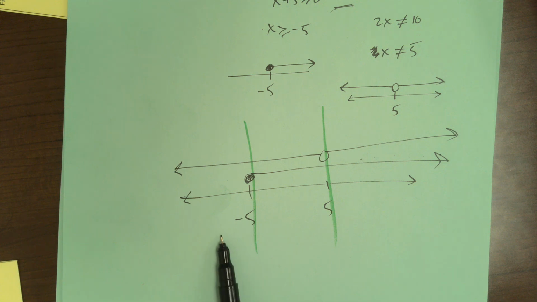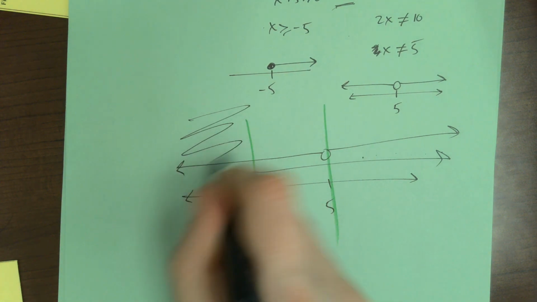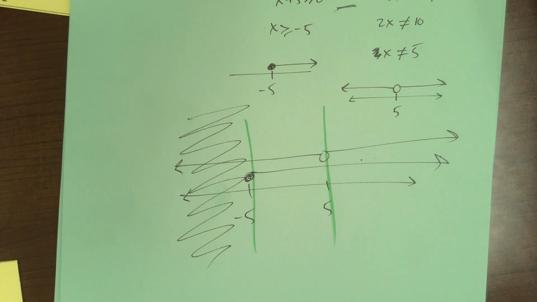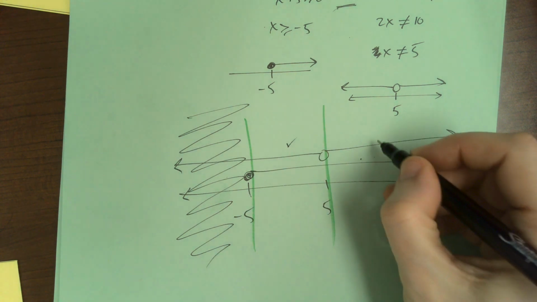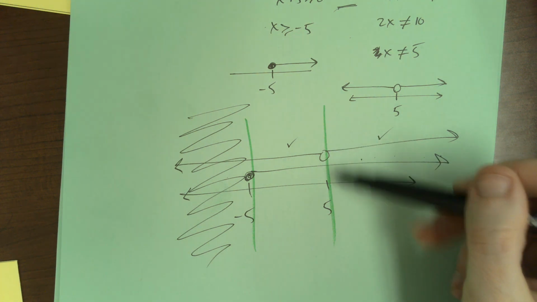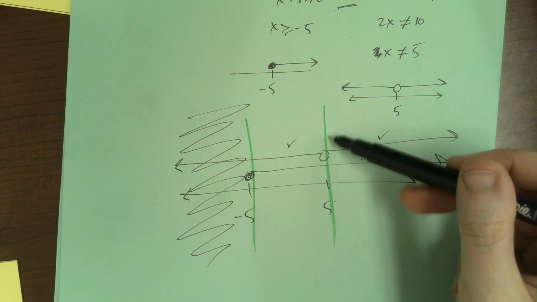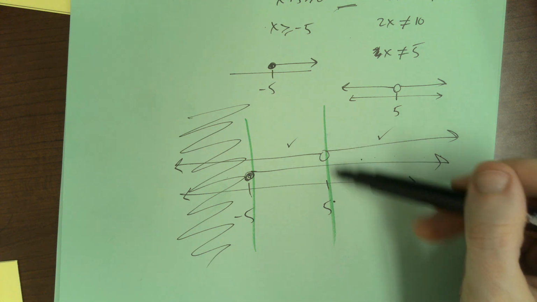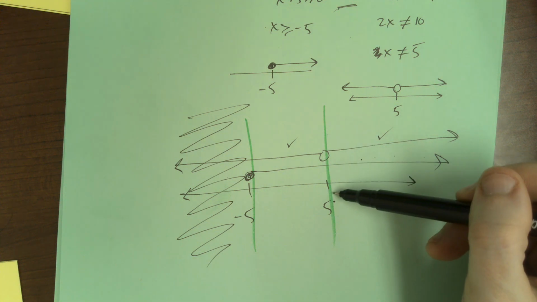This first section, no good. We only have one graph, so there is no graph happening there. This section, good, and that section, good. All right. Now, this endpoint, we are not going to include, all right, there's an empty space above 5, okay?